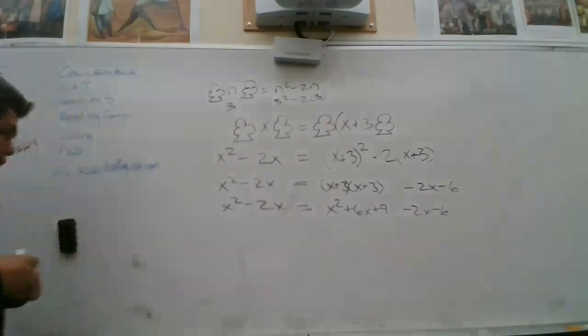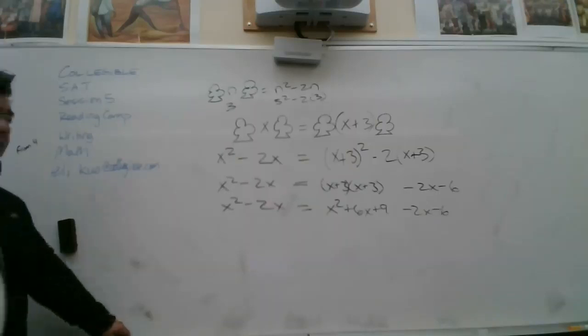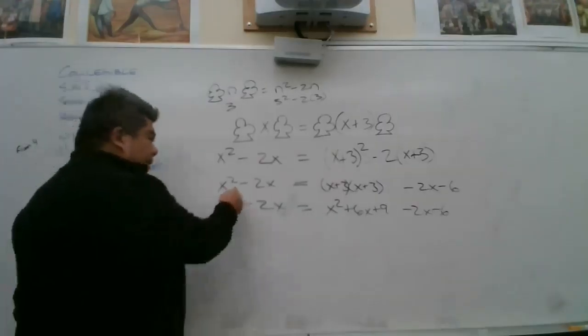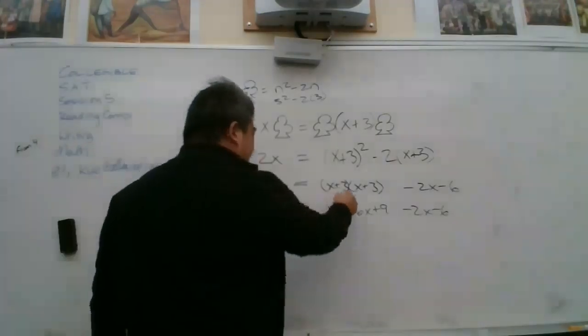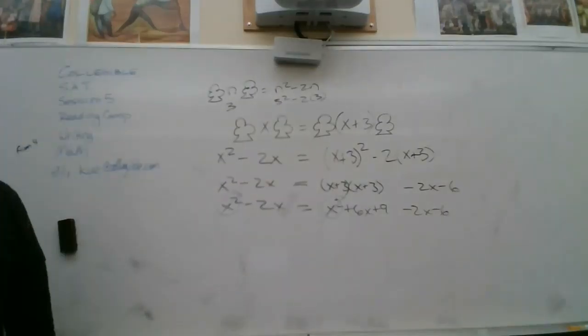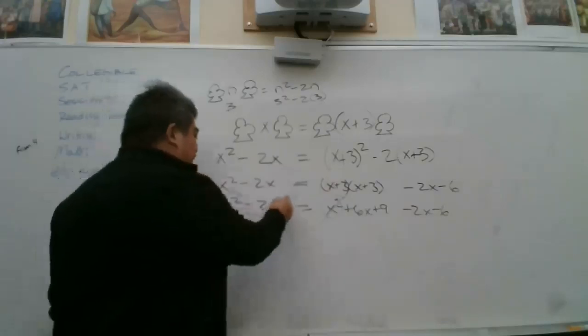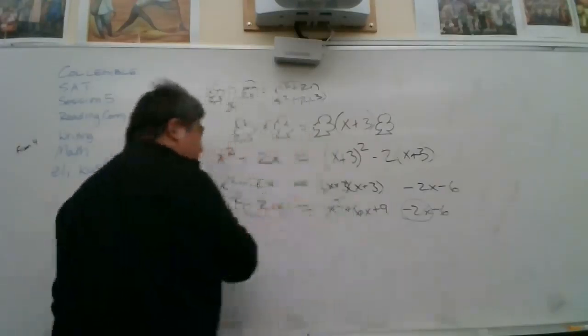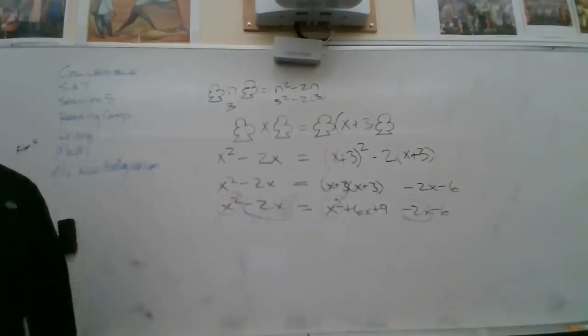Before we do too much, I want to clean this up, and I'm going to use the blue marker. You can see right here, x squared and x squared cancel out, because you're going to subtract them on both sides. You see negative 2x and negative 2x here. They cancel out because you're going to add them on both sides.